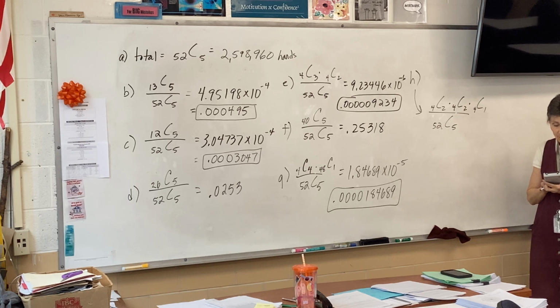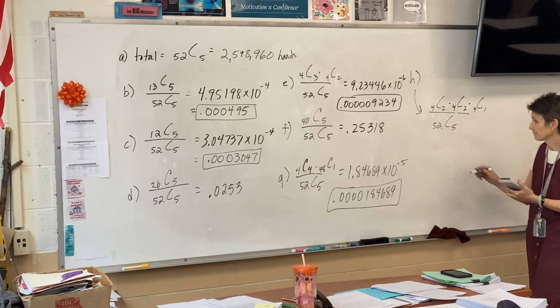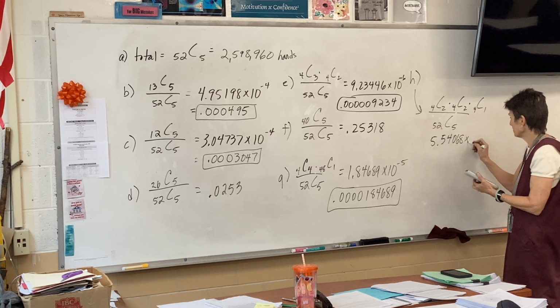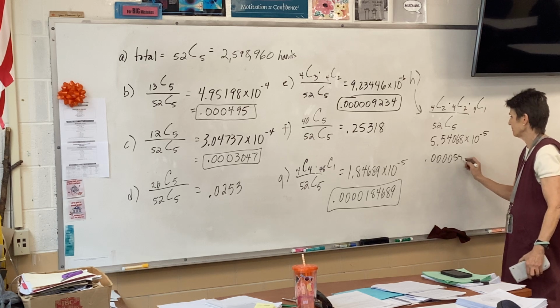So here we go. 4C2 times 4C2 times 4C1 divided by 52C5. 5.54068 times 10 to the negative 5th, 0.0000554.